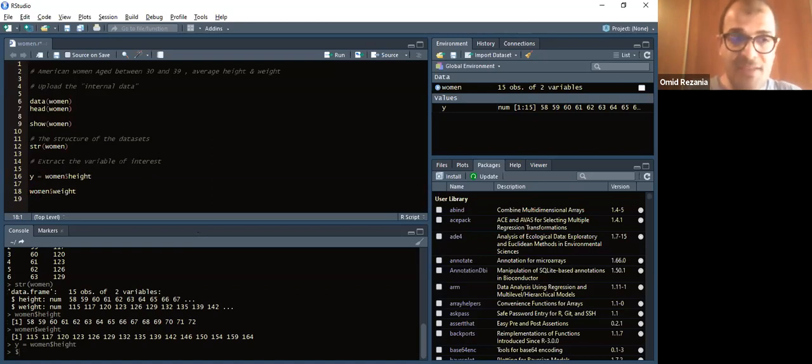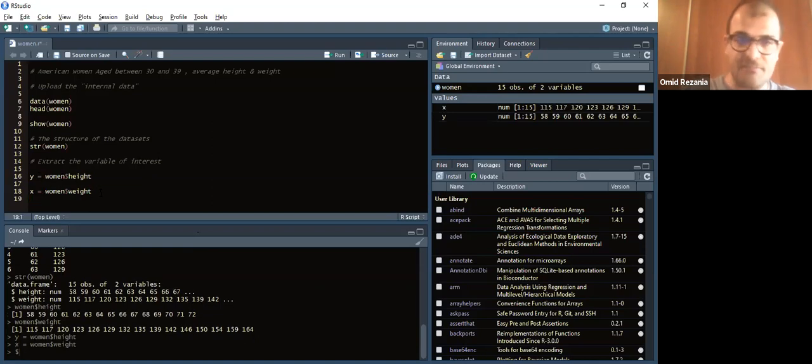And for the weight, I'm just going to call it x, equal to the weight, control enter. That's what I'm going to do. Okay. And now these are the two things as objects which I created.